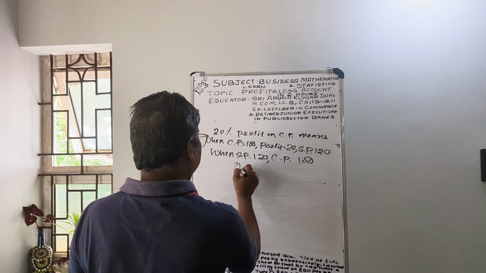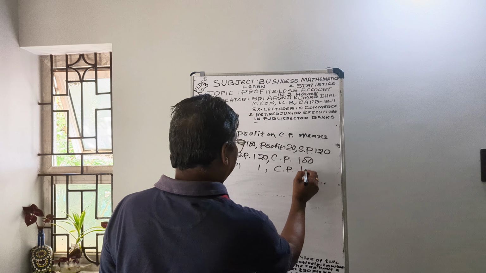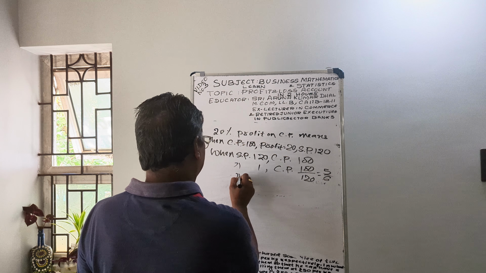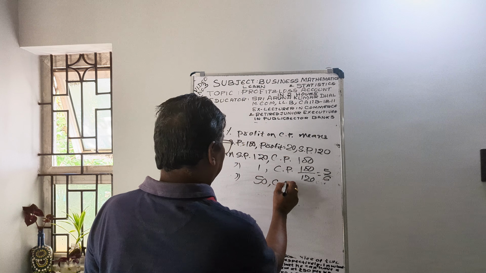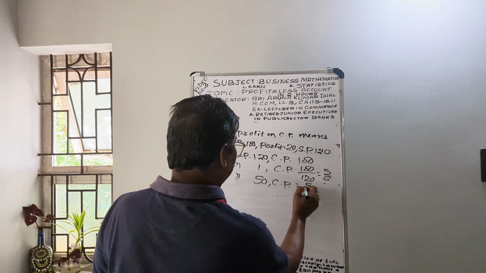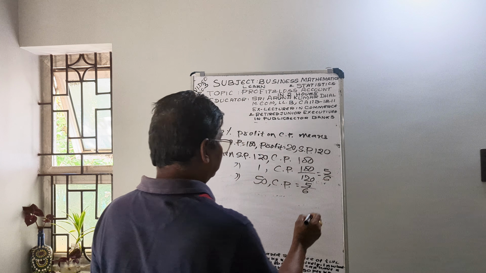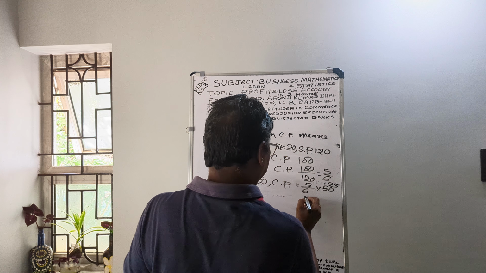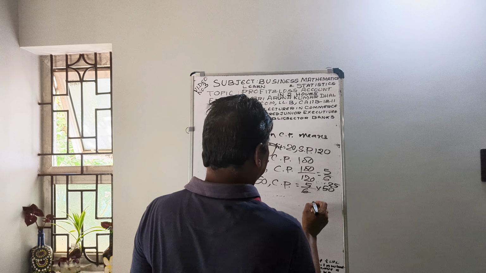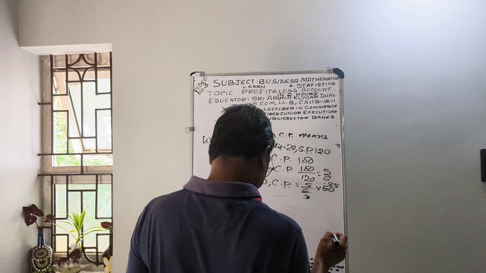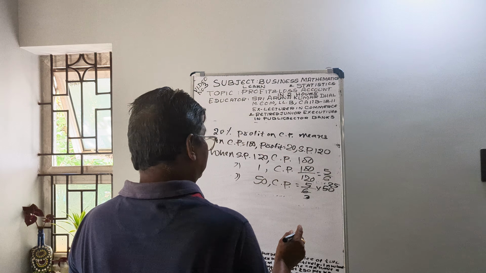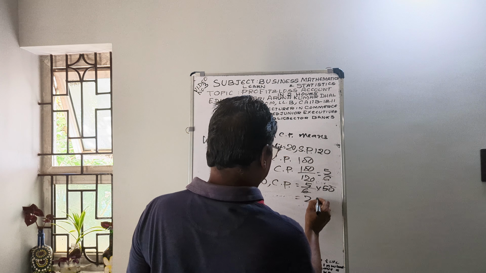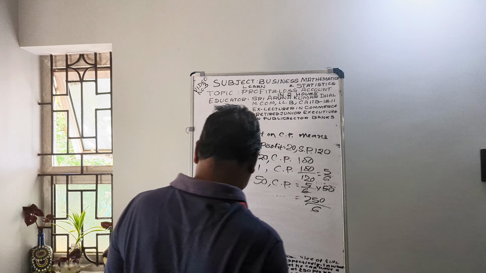When SP is 1, cost price is 100 by 120, that is 5 by 6. When SP is 50 rupees, the cost price of that mixture is equal to 5 by 6 into 50, that is 250 by 6.